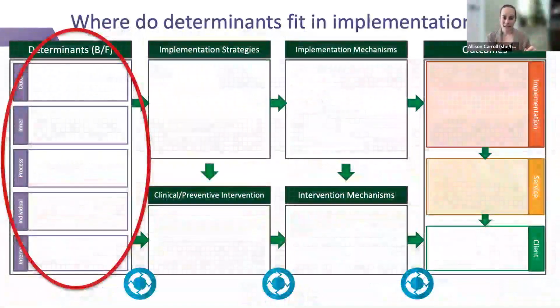So as we apply this in our implementation research logic model that you may remember, we're starting over here on the left. As you can see, the determinants, or understanding the context, really lay the base for the implementation that's going to come next, and what we'll continue to explore in our future sessions: selecting and specifying the strategies, then assessing the mechanisms, and then evaluating the outcomes at the end. Next slide, please.